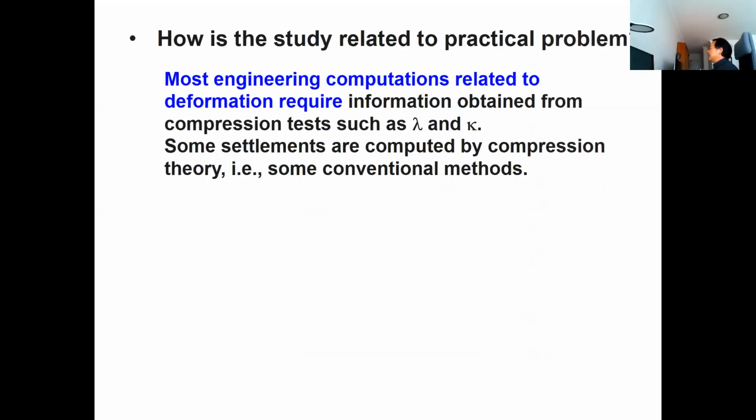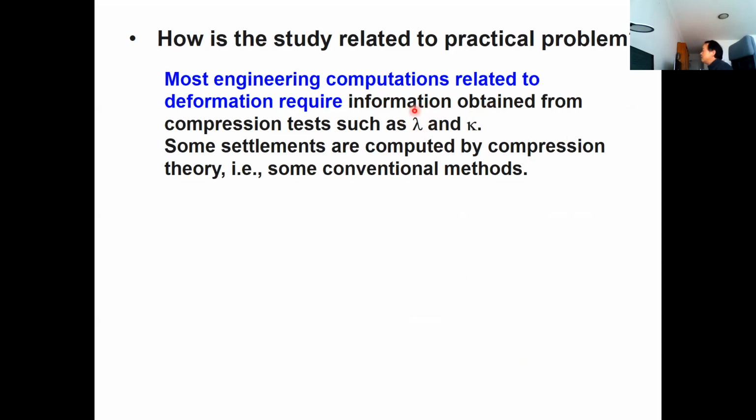Now, how is the compression behavior of soil related to geotechnical engineering problems? In geotechnical engineering design or safety check, you need to work out the deformation of the soil. The deformation of the soil is usually dependent on 3 or 4 parameters; if it's elastic deformation, it depends on 3 basic parameters.